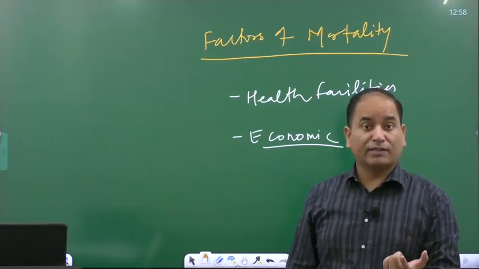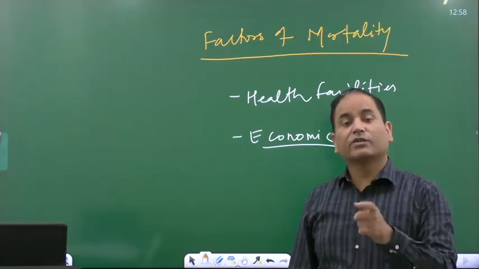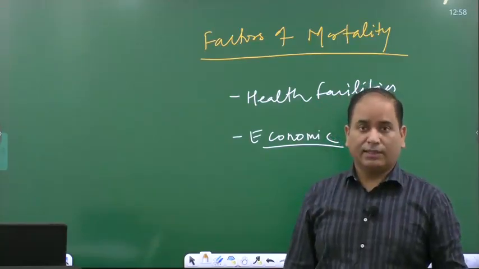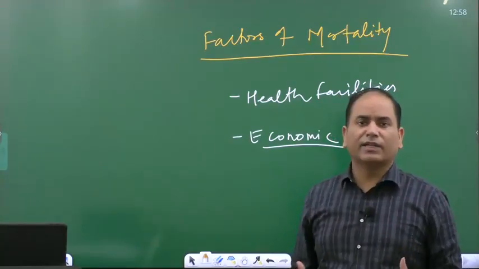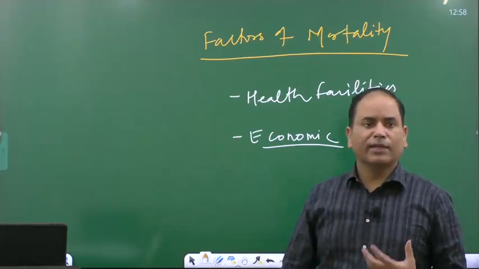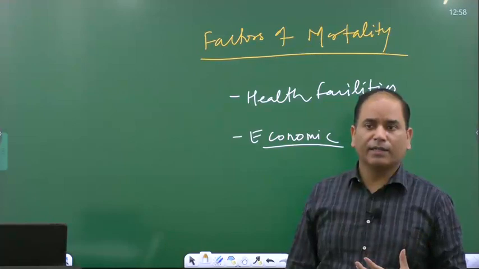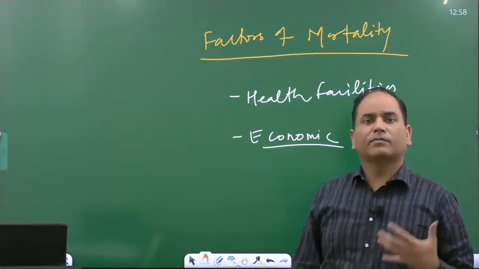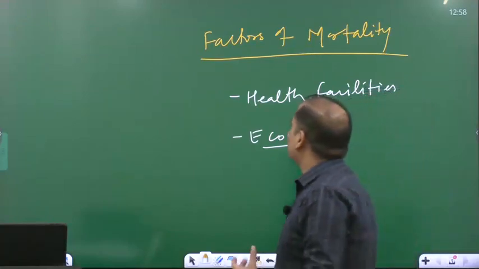Most of the malnourished children belong to the poor people. Yes, government has come out with different schemes. So Poshan Abhiyan is there, then in school there is a midday meal scheme that is being provided, but still there are a lot of things to do.